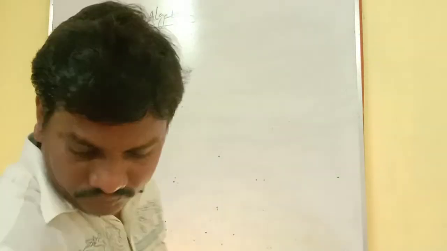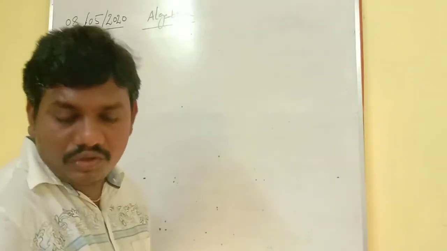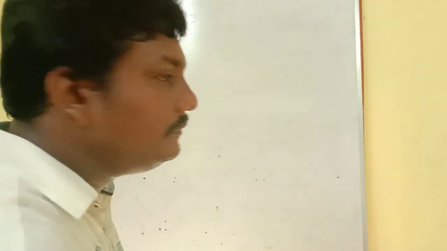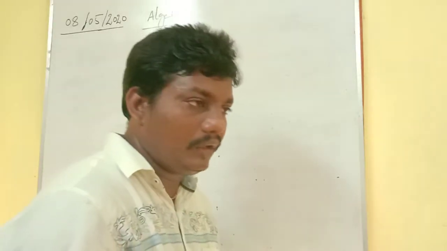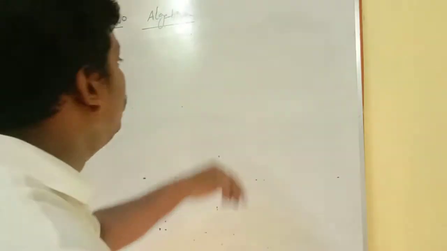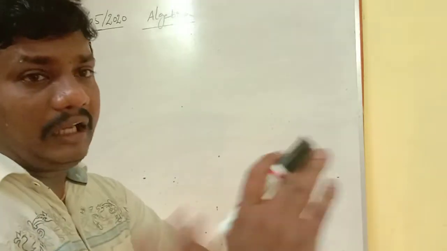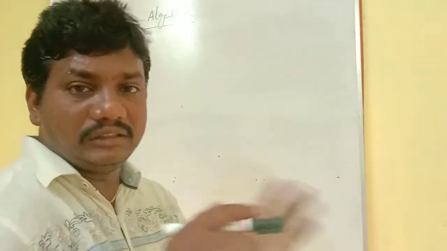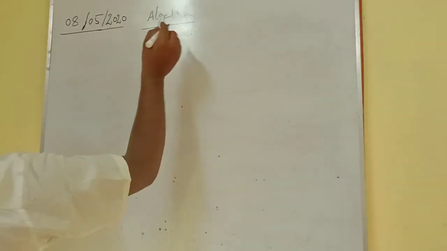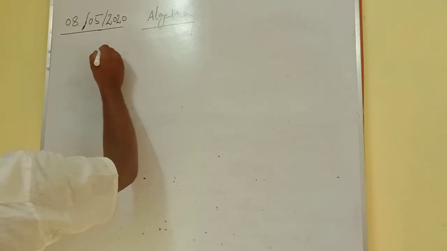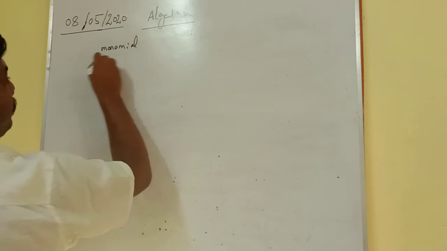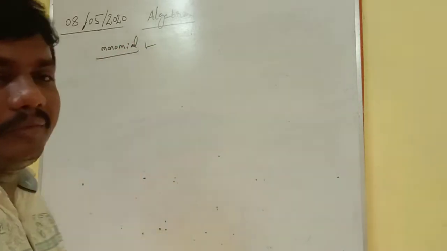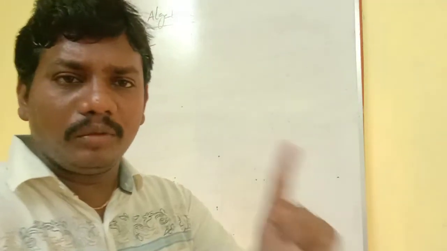Next step, degree. What is the degree? Before going to the degree, you have to know the different types of polynomials based on their terms. Monomial. Polynomials have many terms, mono means only one.